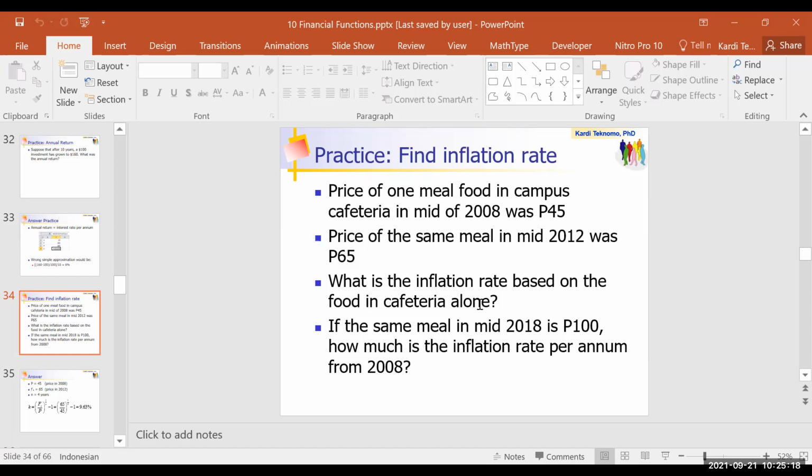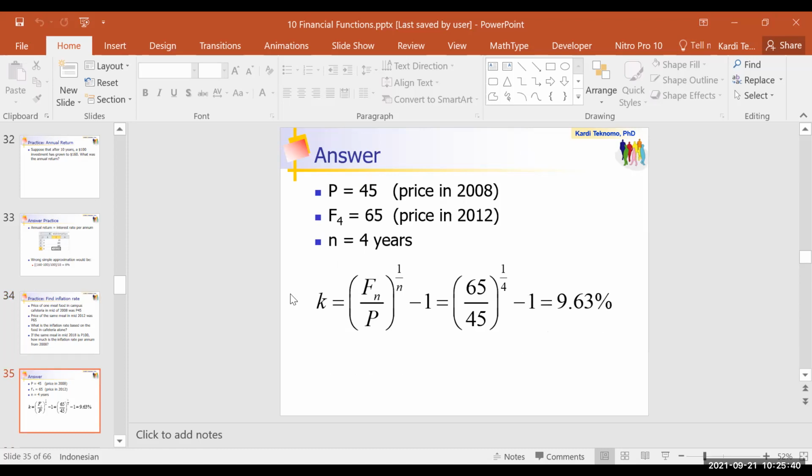So if we calculate that, what is the inflation rate in this case? Yeah, that's kind of high. 9.6%. Okay. So the government inflation rate in the Philippines said only 5%.